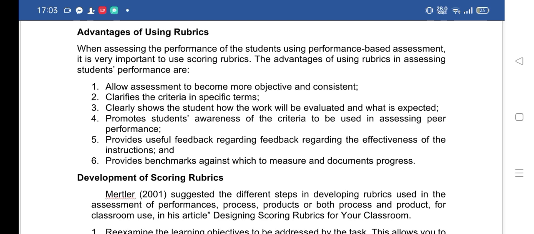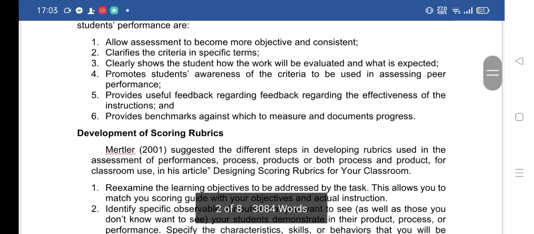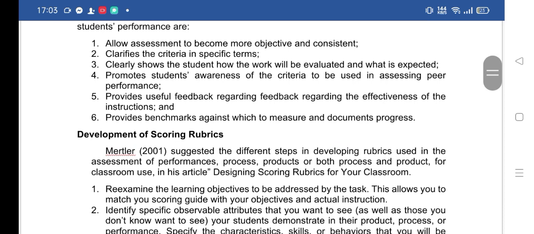The third one is it clearly shows the students how the work will be evaluated and what is expected. The fourth one is it promotes the students' awareness of the criteria to be used in assessing peer performance. And number five is it provides useful feedback regarding the effectiveness of the instruction and provides a benchmark against which to measure and document progress.